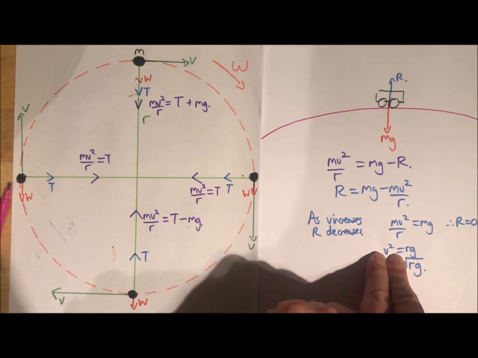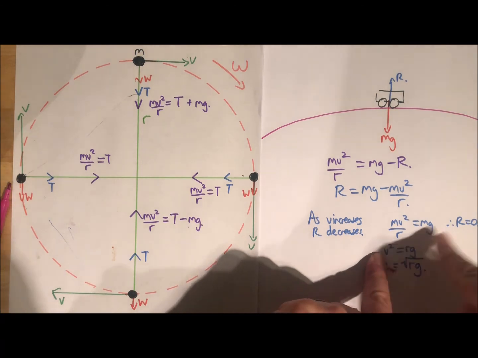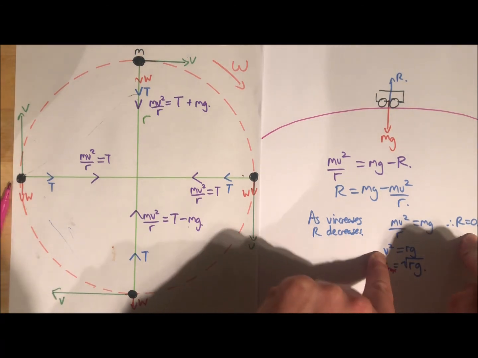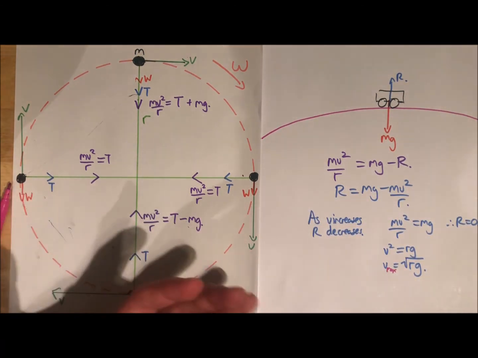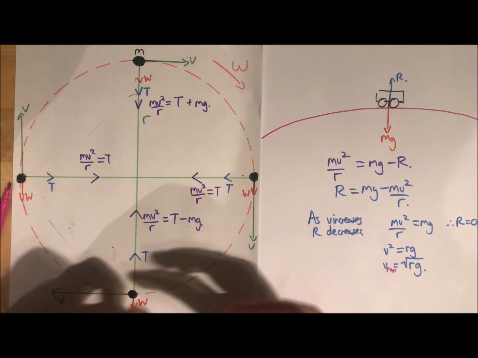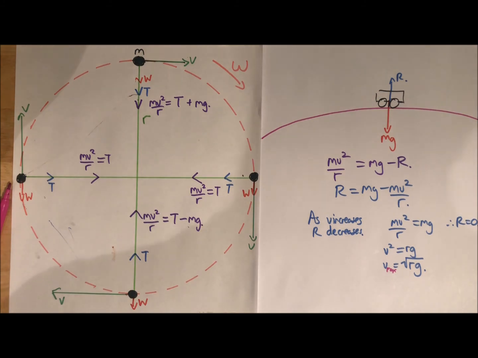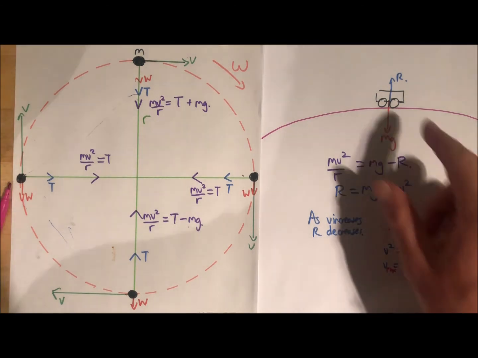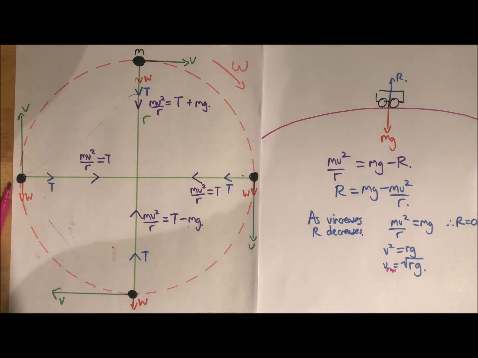It just so happens that at that point, that means that R has become 0, because that is the definition of when it's left the road. When the reaction force is 0 it means it's left the road. So by definition, it's left the road, and because there's no reaction force, essentially the car is weightless, or the passengers in it would experience weightlessness because they've got no reaction force of the earth pushing up against them.